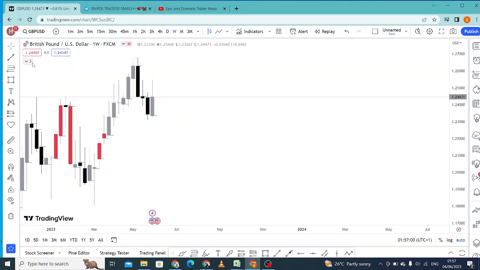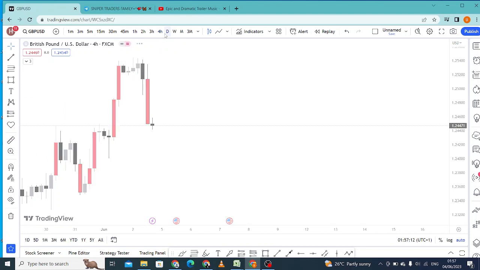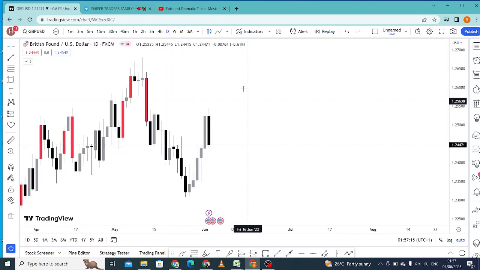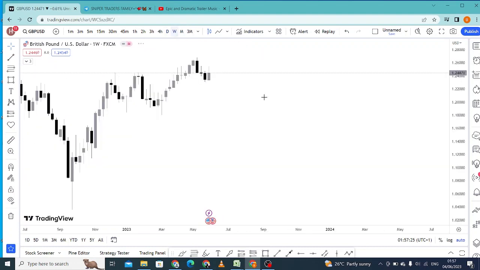Let's use this present candle here on the weekly.